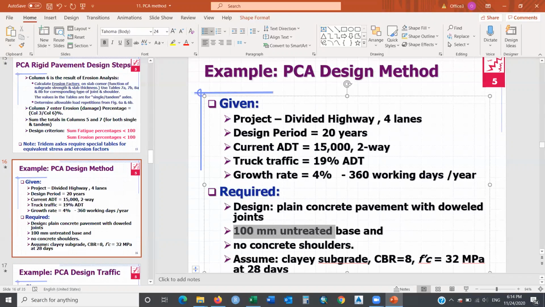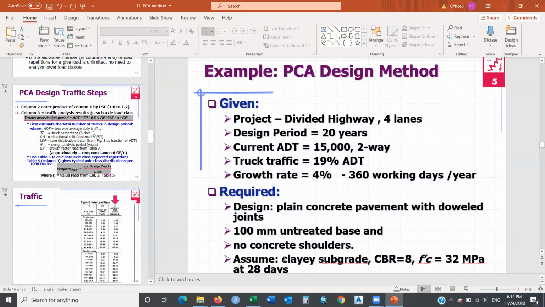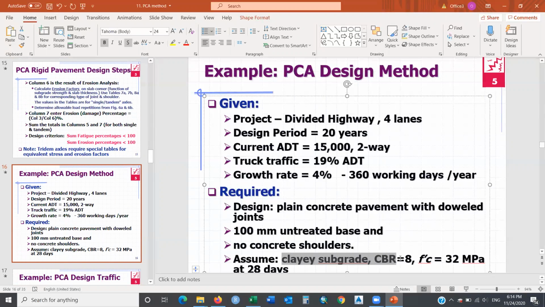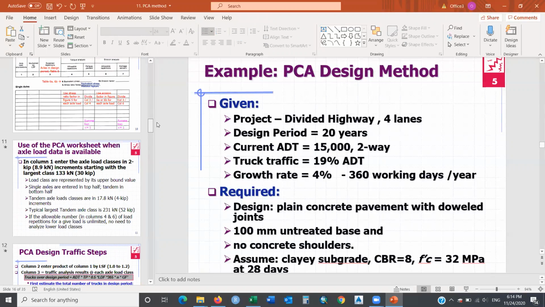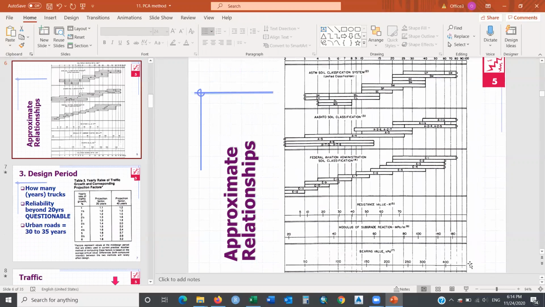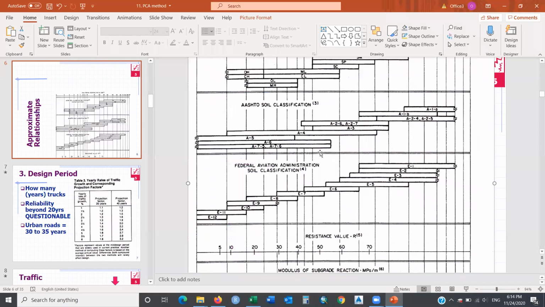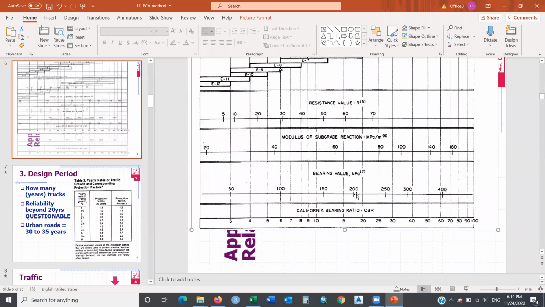We will have 100 millimeter untreated base. And the subgrade soil is clayey subgrade with CBR of 8. So my CBR is 8.